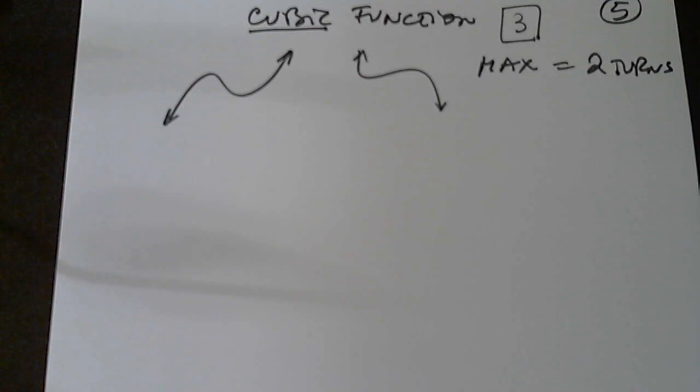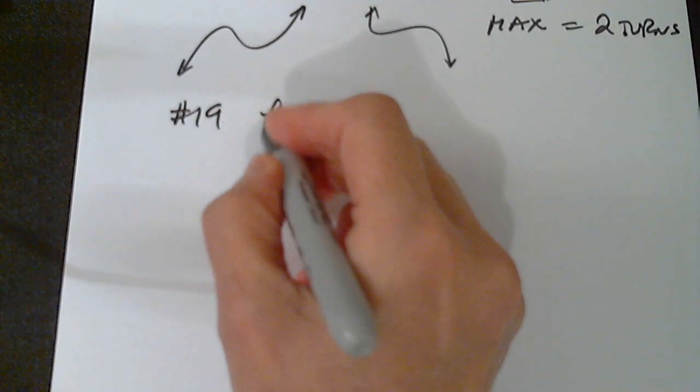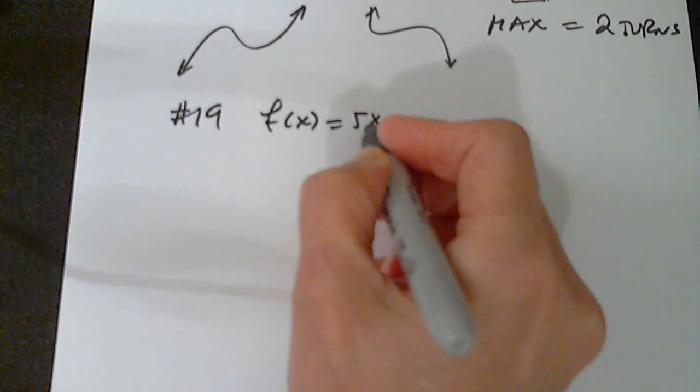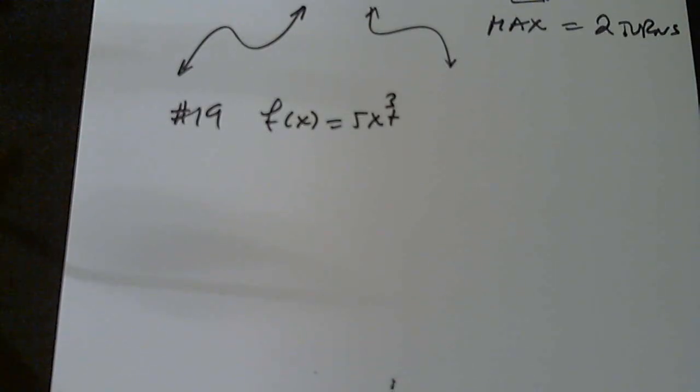Can we do 19? Let's see, 19. Yes, it is a cubic function. Excellent. Good. So 19, we have f of x equals 5x cubed plus... 19 is indeed a cubic function.